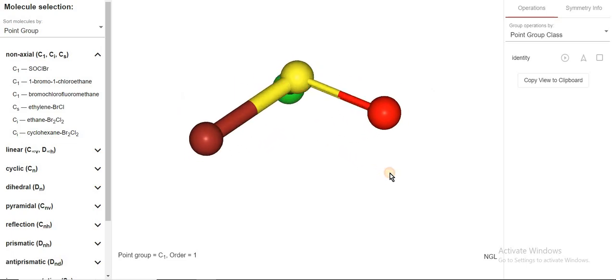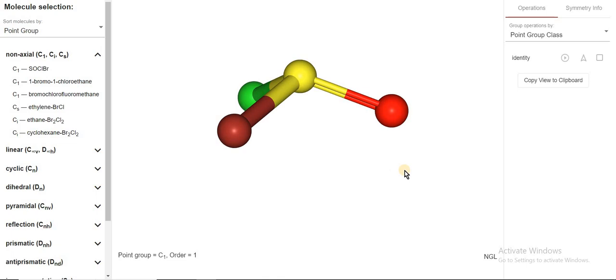So what is the identity element? Identity element is a symmetry element which, when operated on a molecule, gives the same identical molecule back. Now there are two terms usually used in group theory: first is identical and second is indistinguishable.